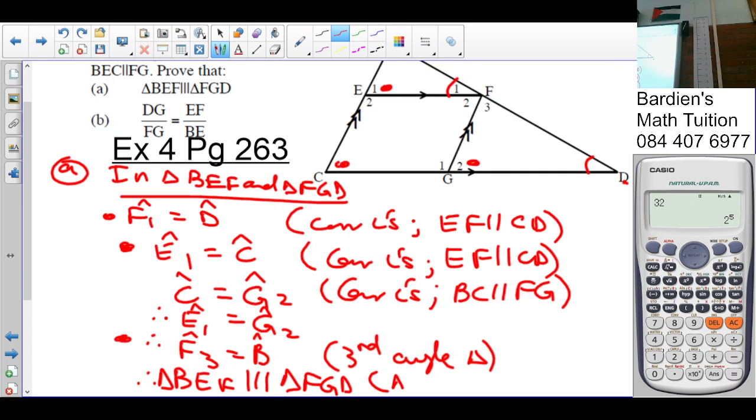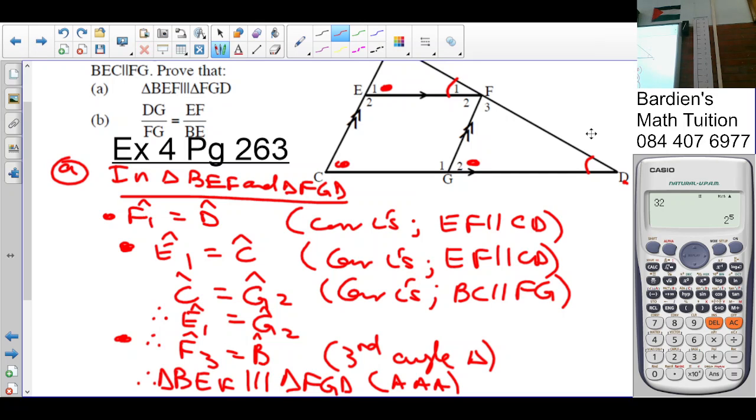Why? Angle. And you just check that the corresponding angles are indeed equal. So angle B with angle F3, which is right, angle E with angle G, which is right, and angle F of the triangle with angle D of this triangle, which is also correct.